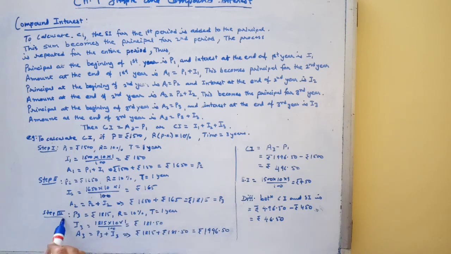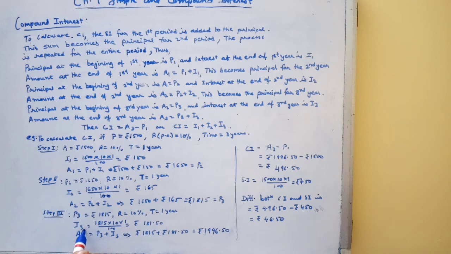So in step 3, we take the principal for the third year, the amount of the second year, that is rupees 1815, rate 10%, time 1 year. Then the interest for the third year is rupees 1815, rate 10%, time 1 year, divided by 100.